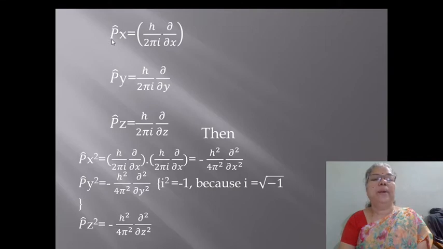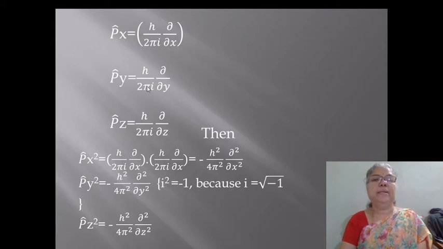The operator along the x-axis is given by h upon 2 pi i into dou by dou x. Along the y-axis, it is h upon 2 pi i dou by dou y, and along the z-axis, h upon 2 pi i dou by dou z.